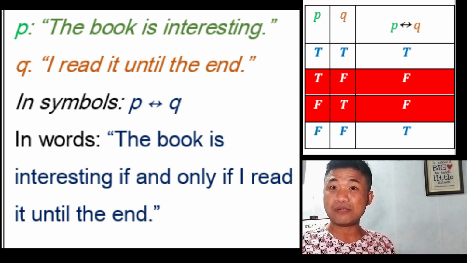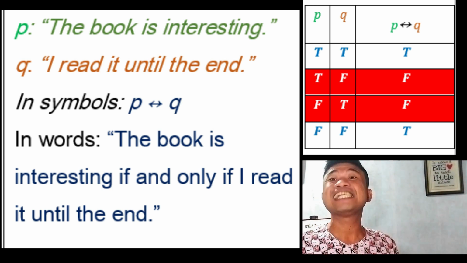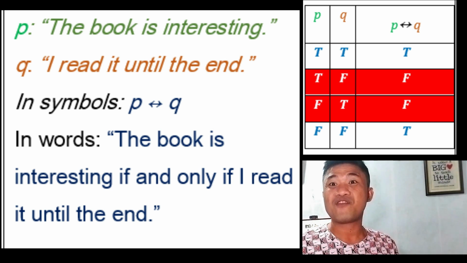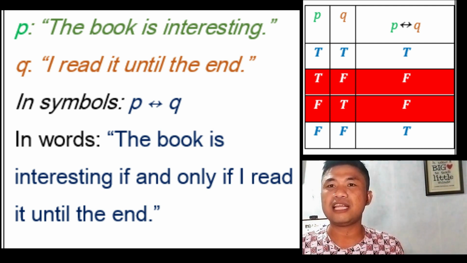The truth value on this one: if the propositions have the same truth value, true, true, false, false, automatically the biconditional proposition is true. Otherwise, if different truth values, then false. Example, the book is interesting if and only if I read it until the end.